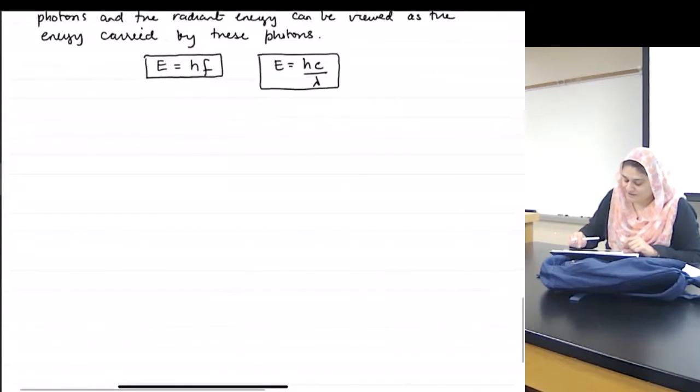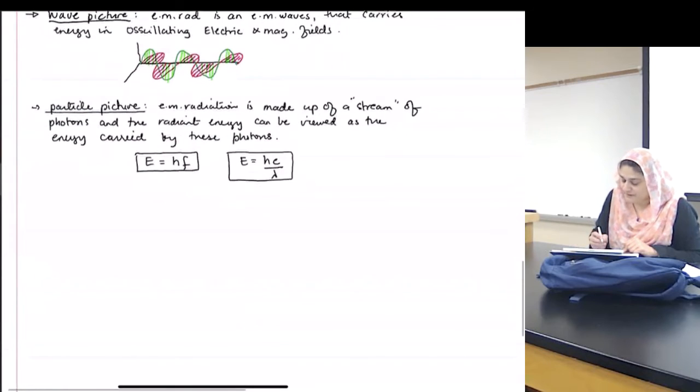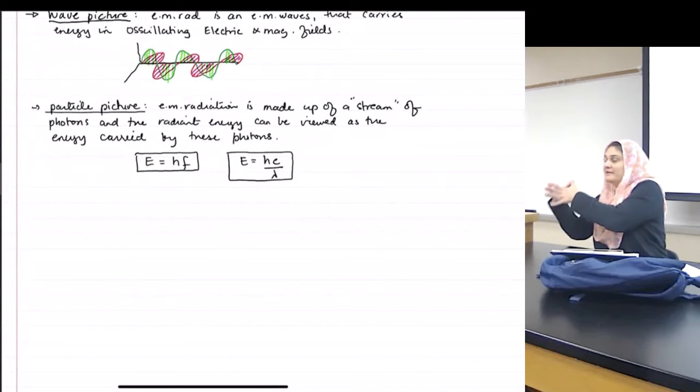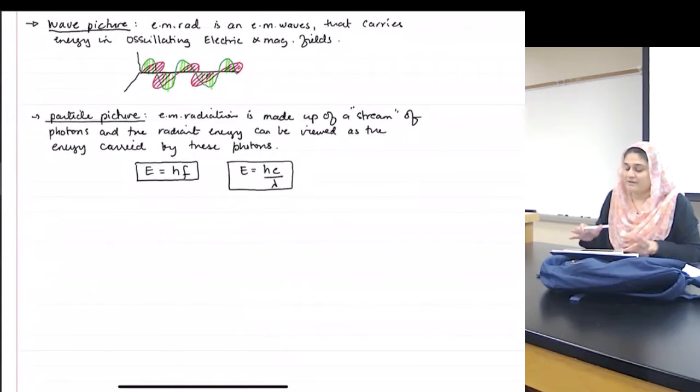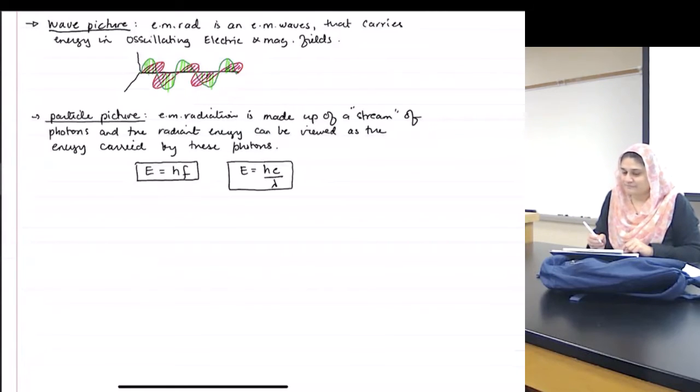Okay, here's the weird part. In the photon picture, or the particle picture, I said the energy is carried by each photon, and that energy is proportional to the frequency, correct? Very simple. Weird, but simple. What about the wave picture? I never said anything more than just that it's carried in the oscillating electric and magnetic field, right? That's all I said. Now I'm going to tell you something strange.